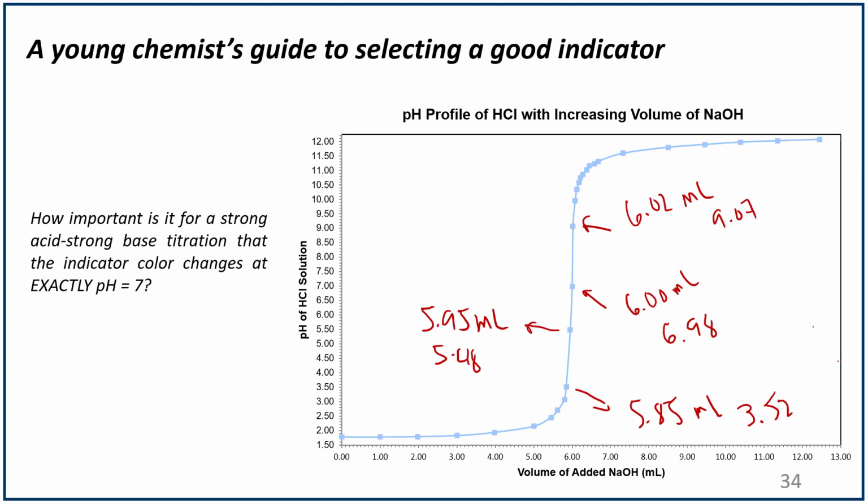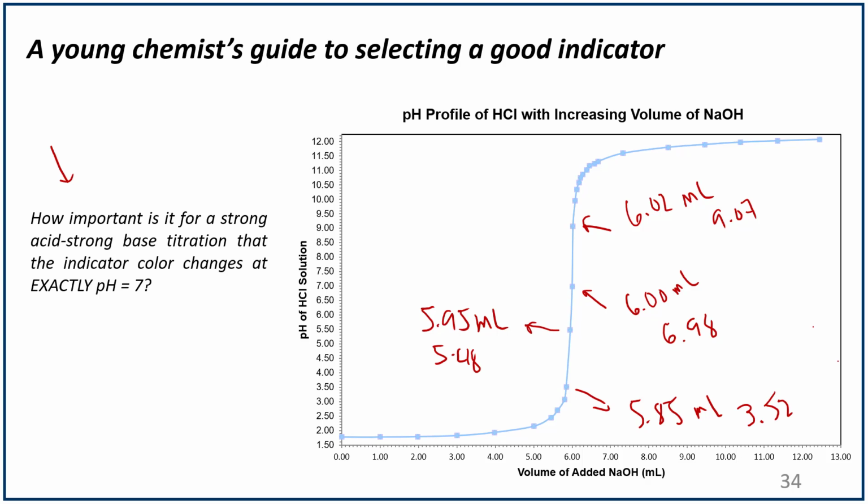Okay, so again the question is this: how important is it that the indicator changes color at exactly a pH of 7? What I wanted to impress on you in writing these numbers is that as you go from 5.85 to 5.95, we define one drop as around 0.1 ml.